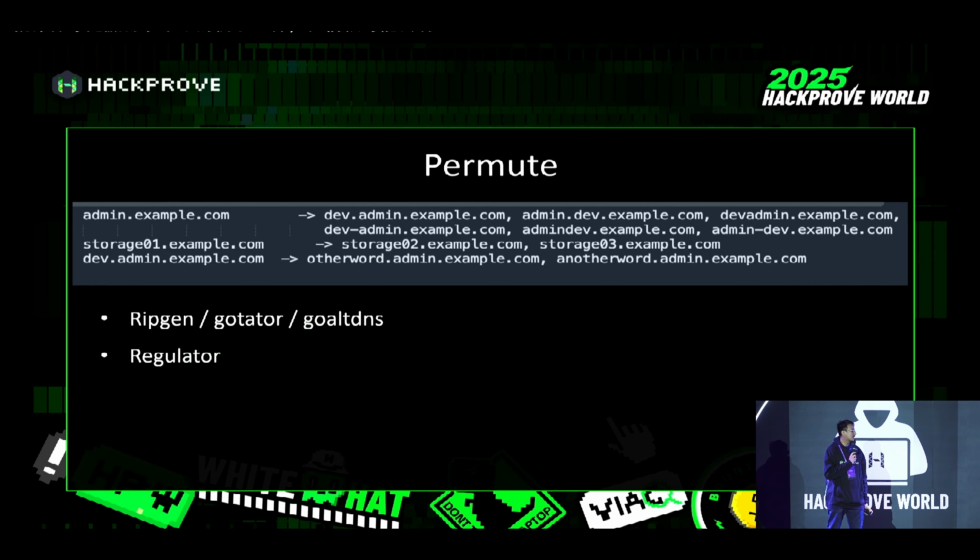So tools like ripgen, GoTator and GoDNS do exactly that. They take a list of subdomains and permute it using the predefined word list and generate the output like on the right side. So these subdomains can be resolved using a tool like PureDNS to find out which are valid.